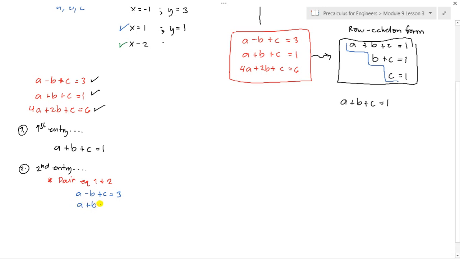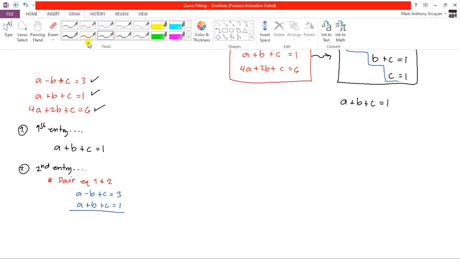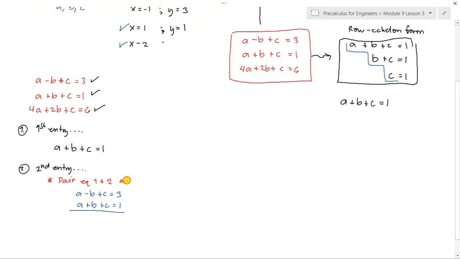Equation 2 is A plus B plus C is equals to 1. In pairing equations 1 and 2, we are going to eliminate A, because in the second equation for row echelon, there is no more A. So we need to eliminate it.